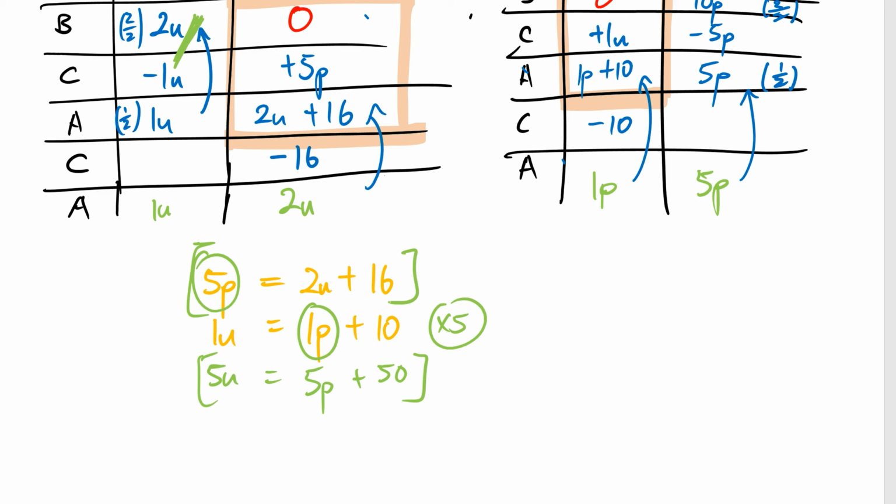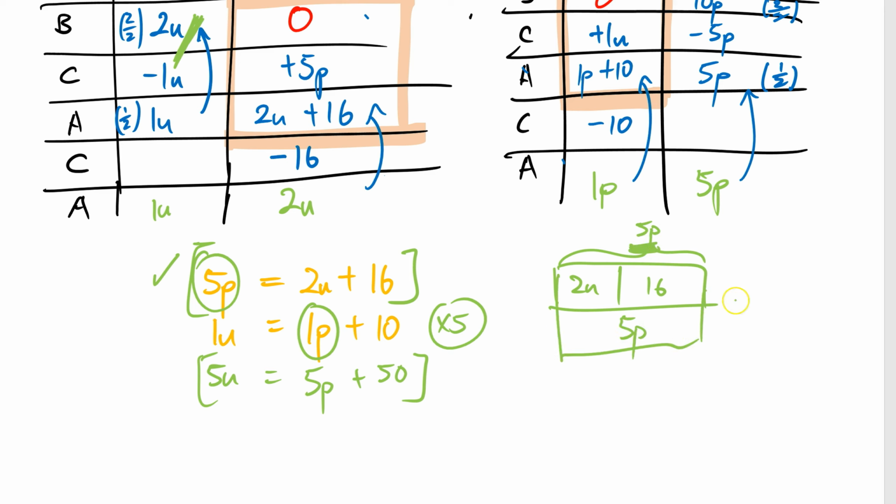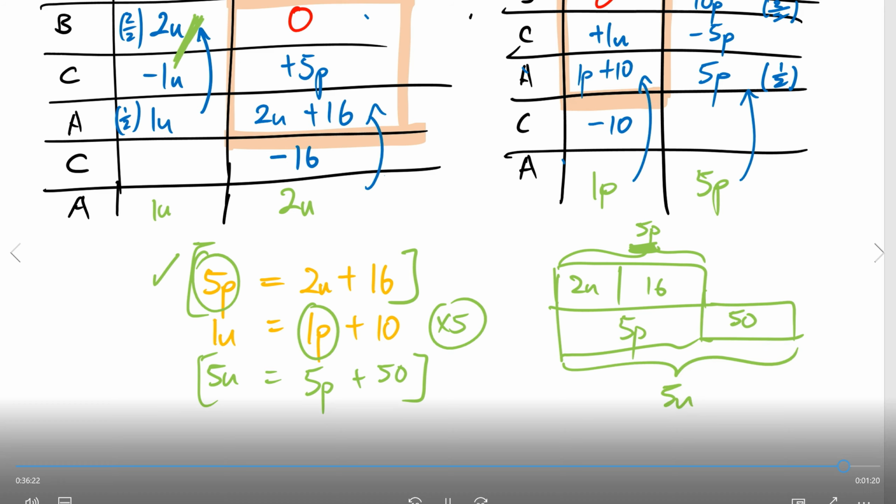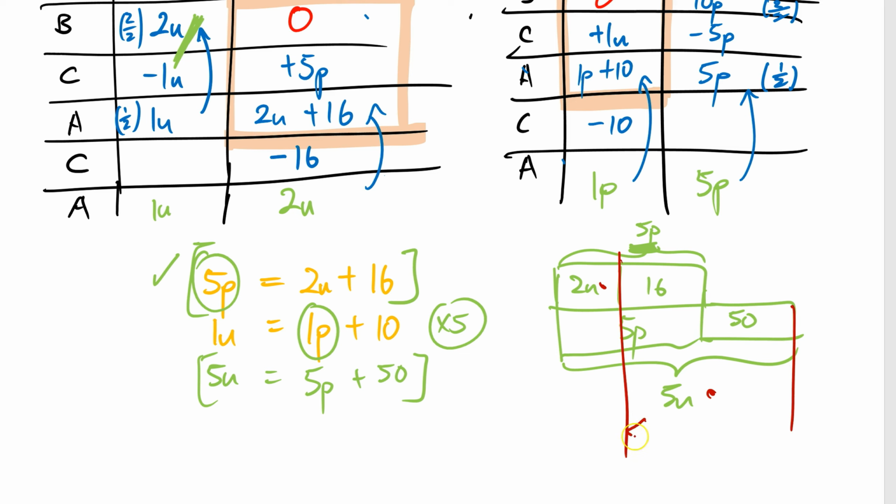So let's start with this. 5 parts is equal to 2 units plus 16. Right? Then at the same time, if this 5 parts you add, you have this 5 parts here already. So if you add another 50 here, the whole thing becomes 5 units. Then if I compare units with units, I need to chop off this region.